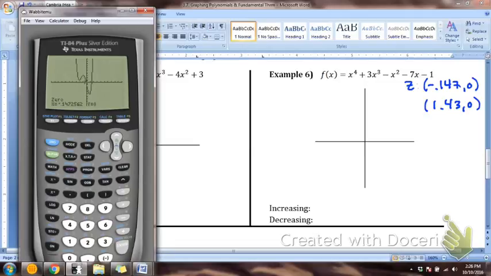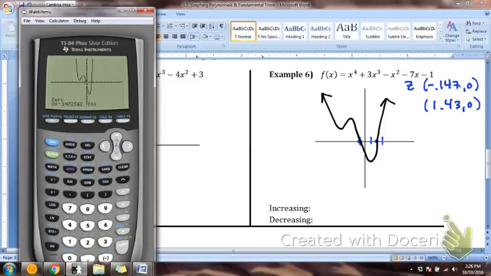So the first thing to graph on your graph would be the zeros. You just have 2 points. This line just goes twice. And you're going to very carefully sketch this one.